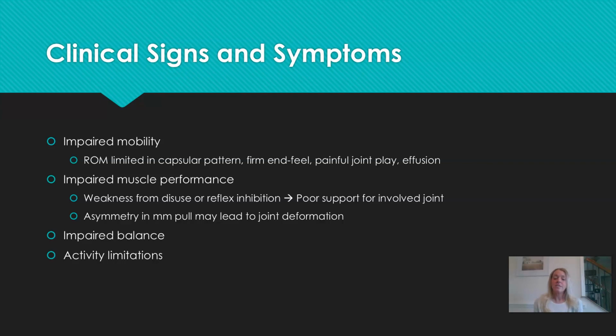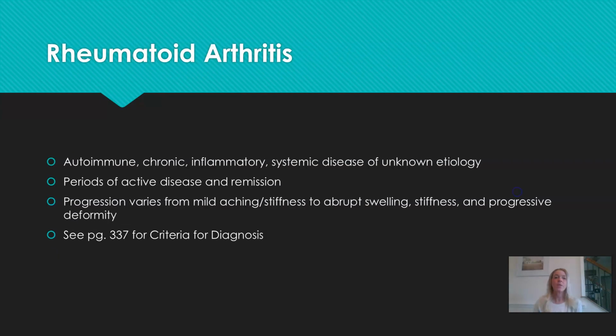Also, now because there's this potential asymmetry in muscle pull, that can lead to some joint deformation as well. So it is not uncommon with arthritis to see some changes in the joints as well. If the arthritis is affecting the lower extremities, balance can start to be affected, and again, whether it is upper or lower extremities, we'll start to see some activity limitations in the patients as well.